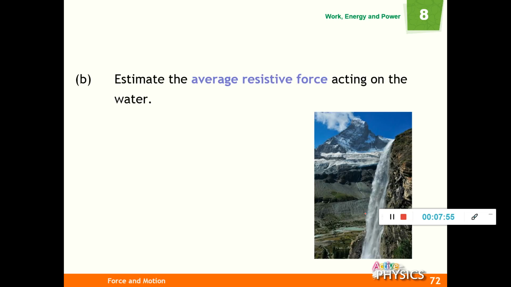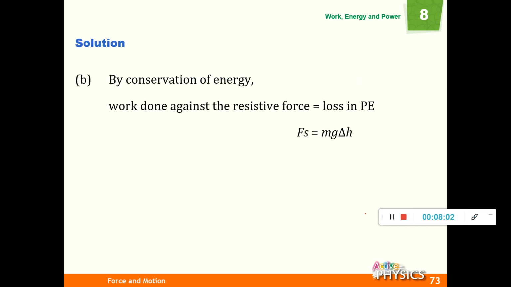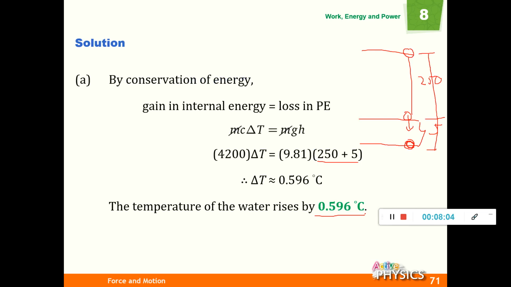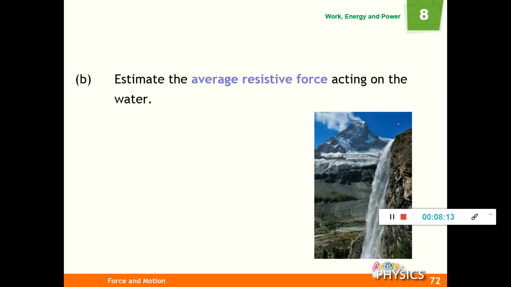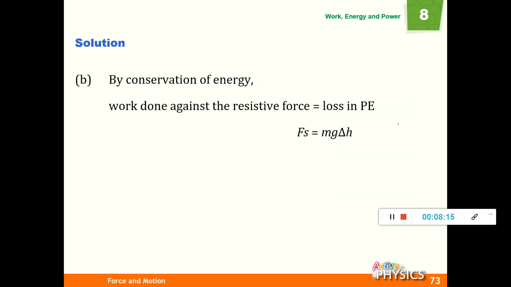Part B. Estimate the water resistance. Similar to this diagram, the water will have water resistance in the upward direction to stop it. Then by the conservation of energy, this one should be the work done against water resistance. This F should be the friction, s will be the displacement.